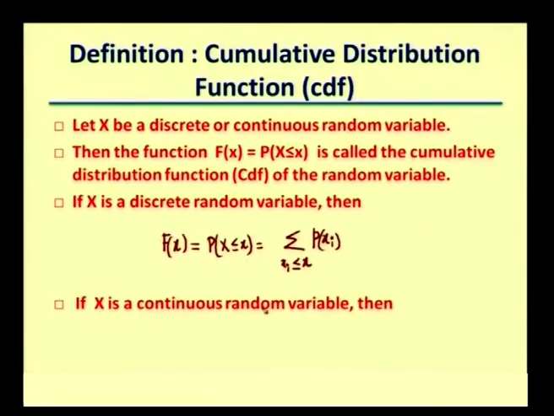If x is a continuous random variable, then the cumulative distribution function is defined the same way, P of X less than or equal to x, and it is equal to the integration from minus infinity to x of f of x dx. This is the basic definition of the cumulative distribution function for discrete and continuous random variables.